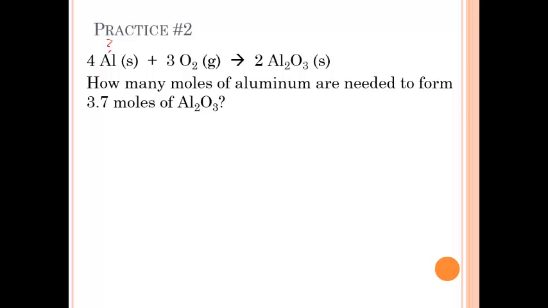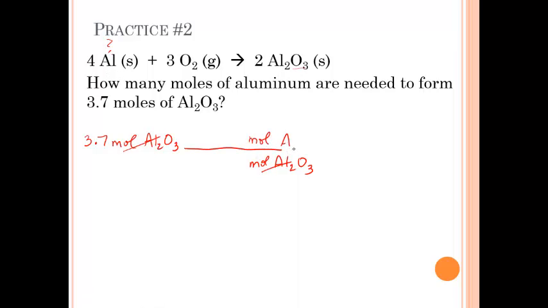We don't know how many of those we need, but we do know that we're starting with 3.7 moles of our aluminum oxide, and we don't want moles of aluminum oxide, so we are going to put that on the bottom so it will cancel, and instead we want to go to a new substance, and to be able to convert from aluminum oxide to aluminum we need to do a mole to mole ratio.